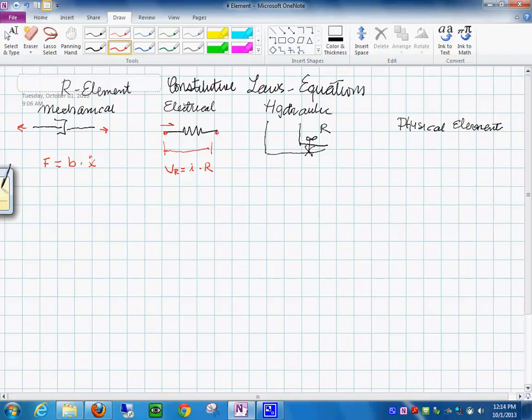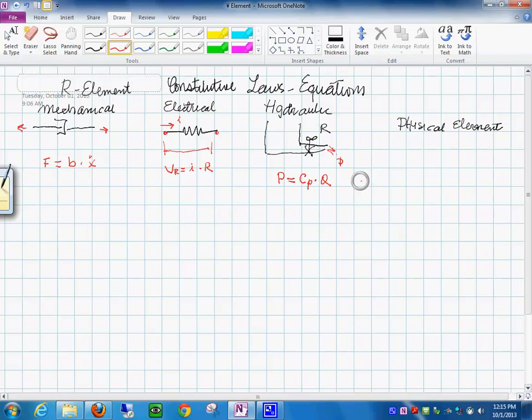So in here is the current I, and of course the value of the resistor. In this particular case, the variable is pressure. So the pressure here, or the difference in pressure, is equal to the coefficient, usually people use Cp, times the volume flow rate.